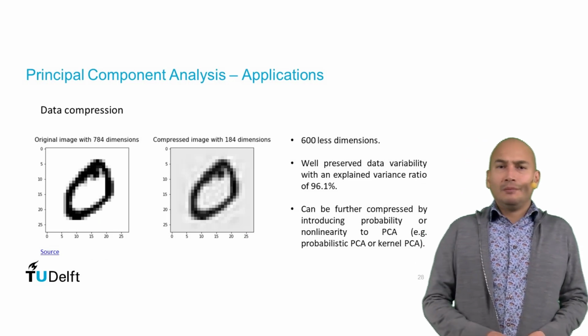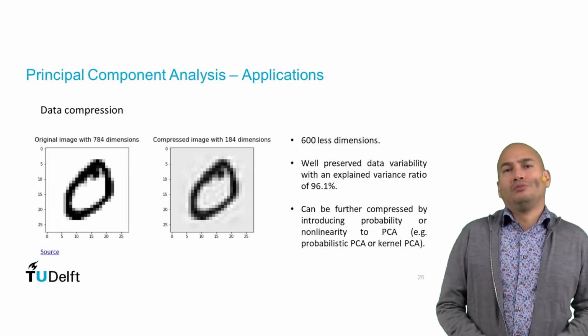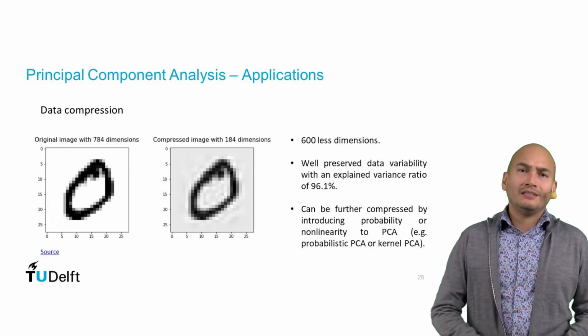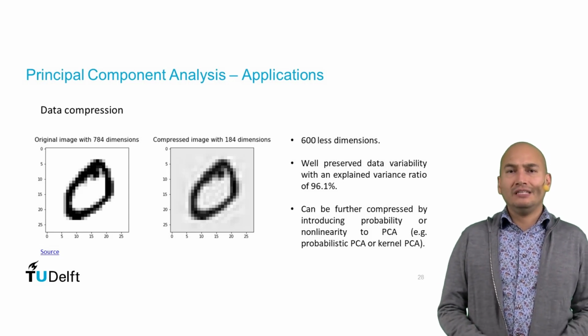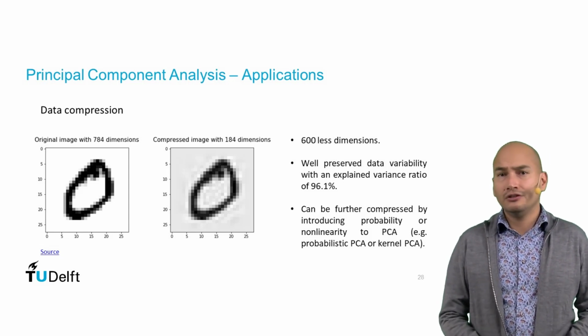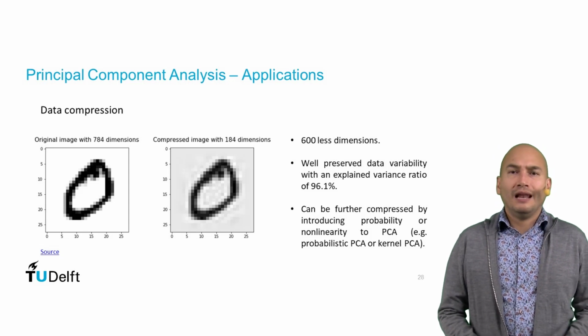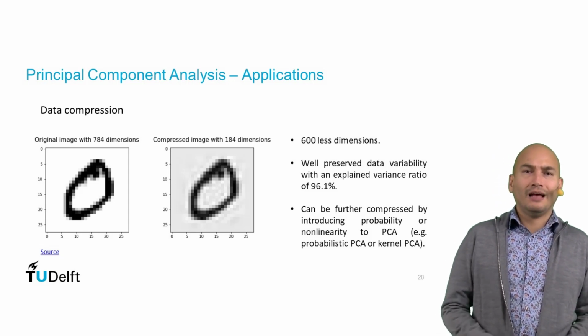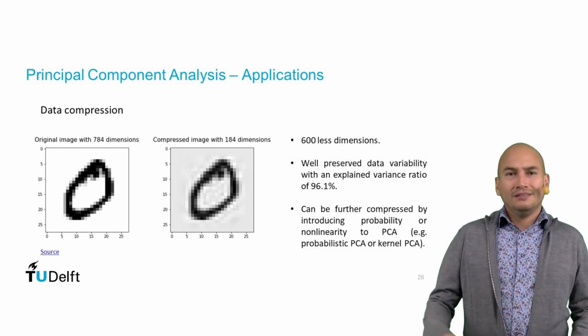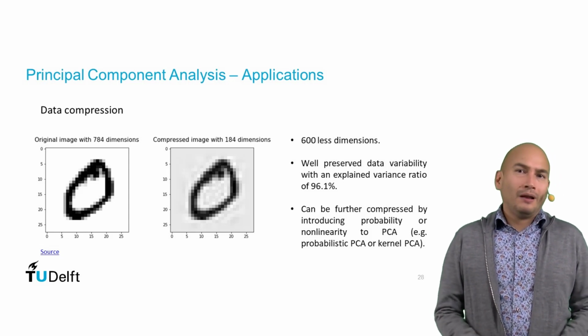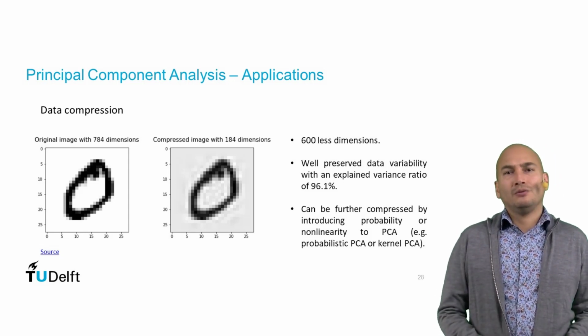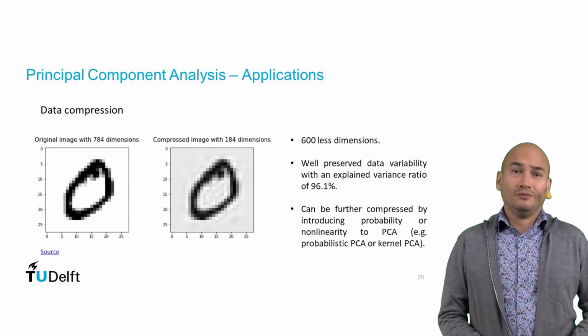Another example is PCA for data compression. This is a similar example of handwritten digits we saw at the beginning of this lecture. The original image on the left has 784 pixels, so 784 dimensions. By applying PCA, we can have a compressed image with only 184 dimensions on the right.